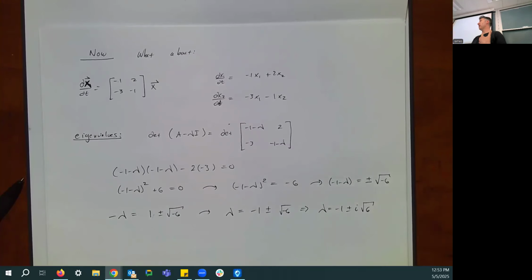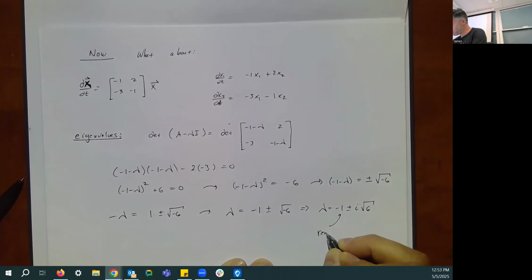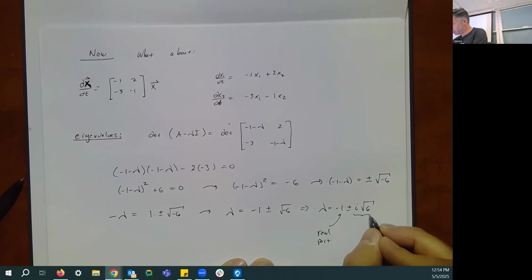A few things to say here. When your eigenvalues are complex, they will always come in complex conjugate pairs. So there'll always be a real part plus or minus an imaginary part.